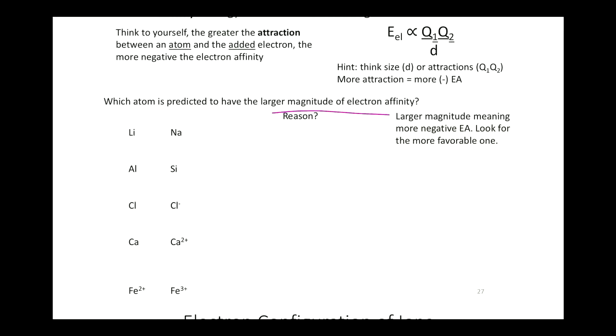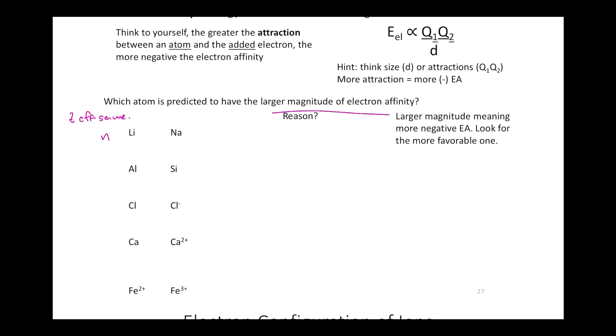So we see lithium and sodium. To me, I see that they're in the same group, so therefore their Z effectives are the same, but what is different? Their N's are different. So since their Z effectives are the same, their attractions are the same, all right? But the one that's more favorable will be the example where we can bring that electron closer to the nucleus.